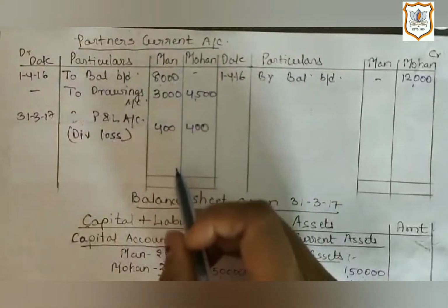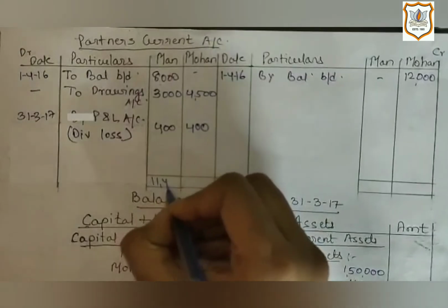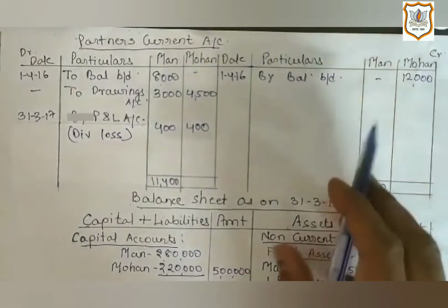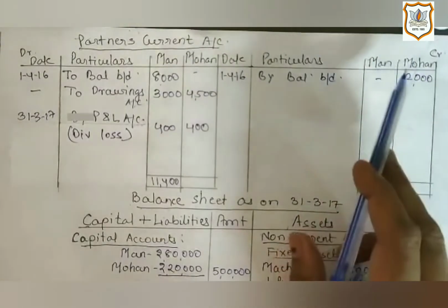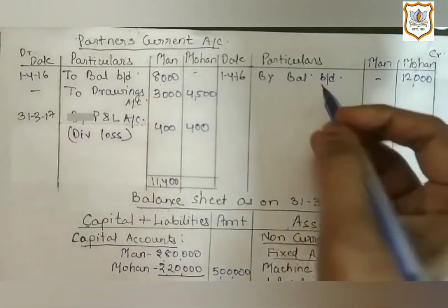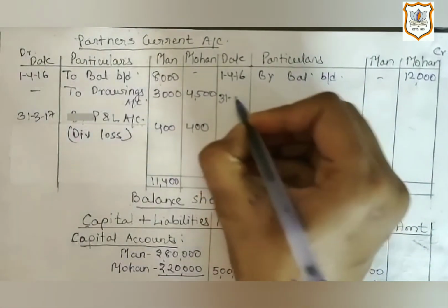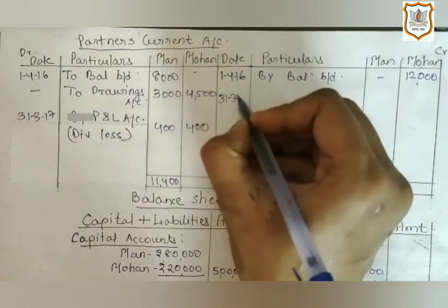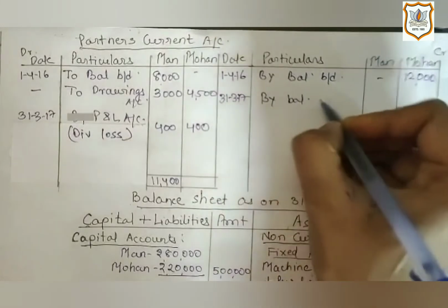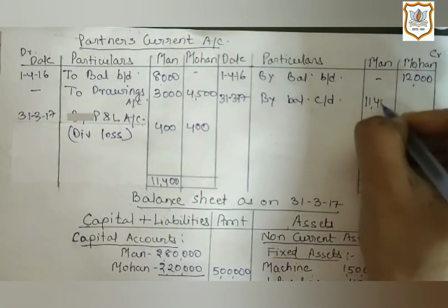Here the total of the debit side is more, which is rupees 11,400. Here the difference would appear on the credit side, which is the closing balance of the current account of Man. By balance c/d 11,400.